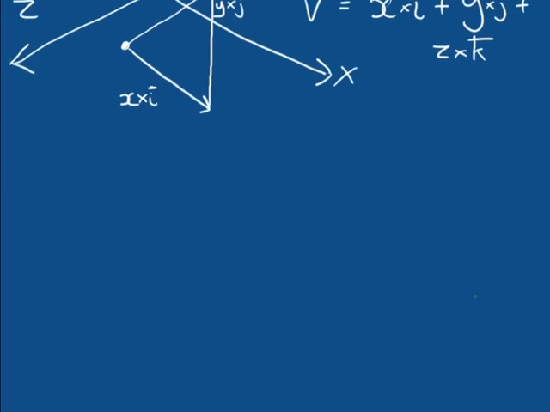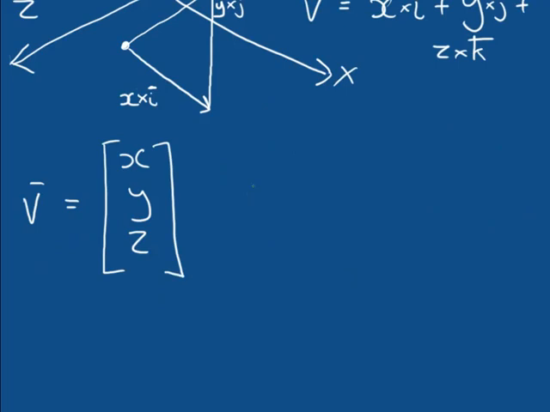So I'm going to rewrite this. If we have a vector v which is equal to (x, y, z), and we have a vector i which is equal to (1, 0, 0). Now I'm writing this in row form just to save space on the whiteboard.